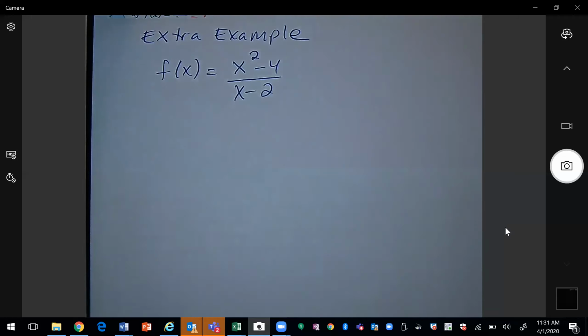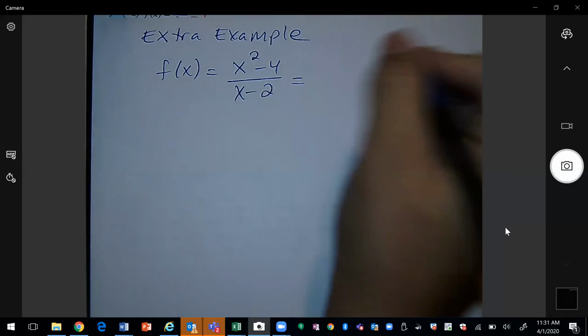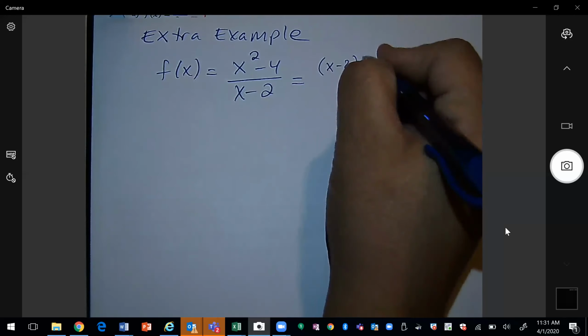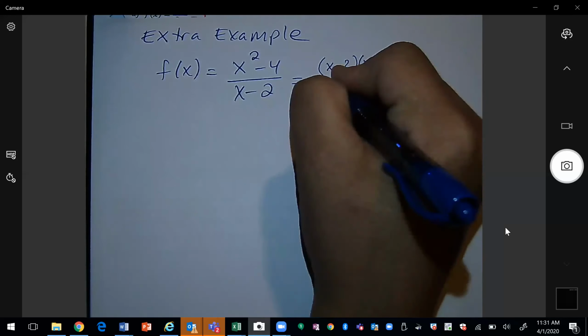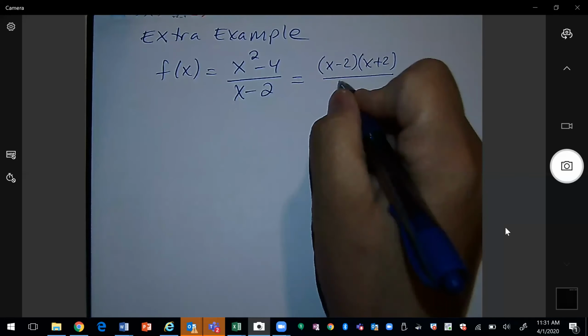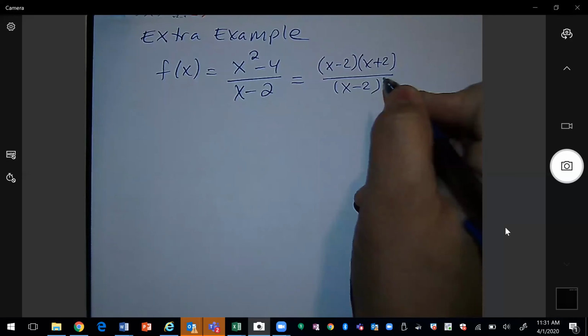So the first step is to factor this completely. So the top part is going to factor as x minus 2, x plus 2. So that is how the numerator factors. And then the denominator is already factored.